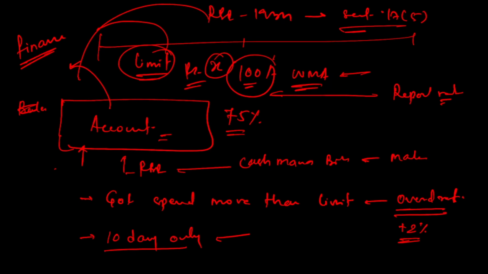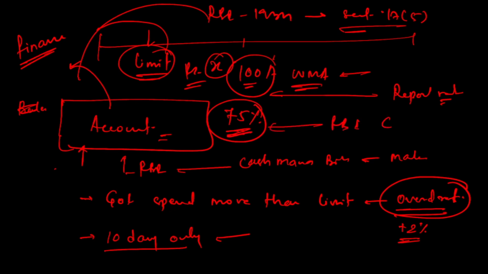So I hope you get this particular difference between cash management bills, why they are a financial instrument, and how ways and means advances are a mechanism. This is a little complex, but remember it conceptually: there is a limit, and if the limit reaches 75%, Reserve Bank of India would issue cash management bills.